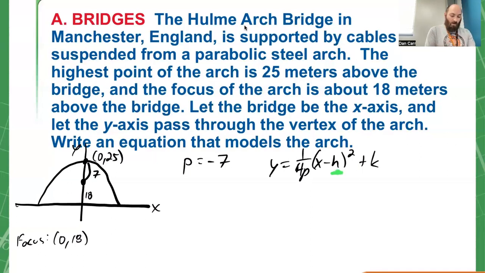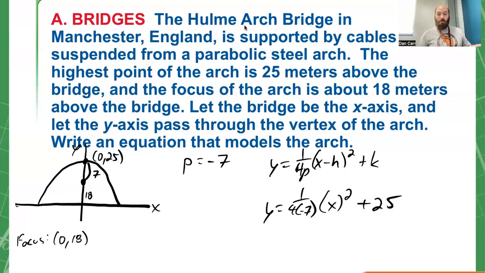The h value here is going to be 0 because the vertex is passing through the 0, but my k is 25. So y equals 1/4 times -7 times x² plus 25. So I can multiply through and just simplify a little bit here. So y is equal to -1/28 x² plus 25.